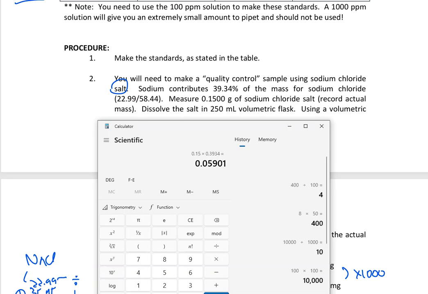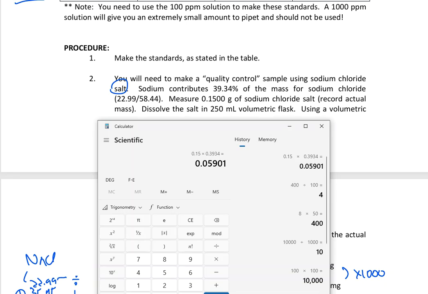So this means that if I weigh out 0.15 grams of sodium chloride, that is 150 milligrams. Out of that 150 milligrams, I'm only going to get a very tiny fraction of sodium, and it's 39.34%.